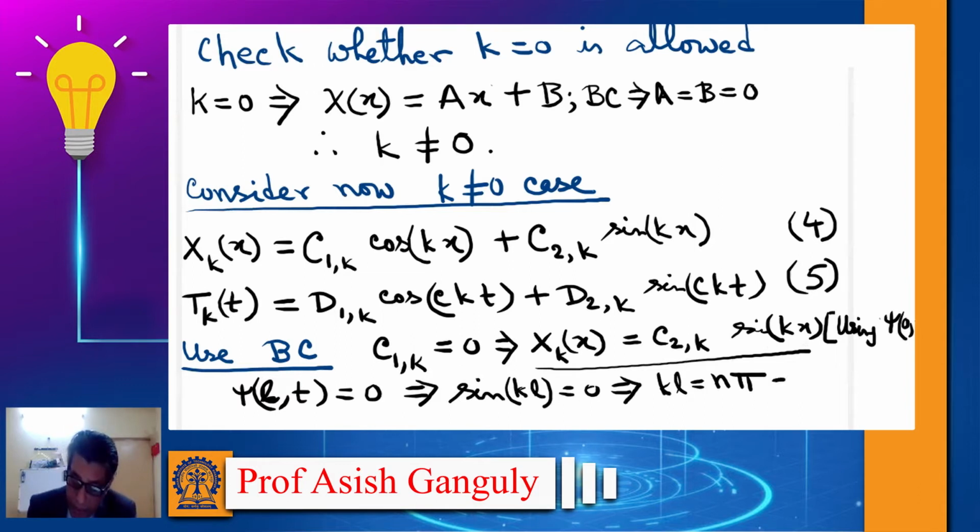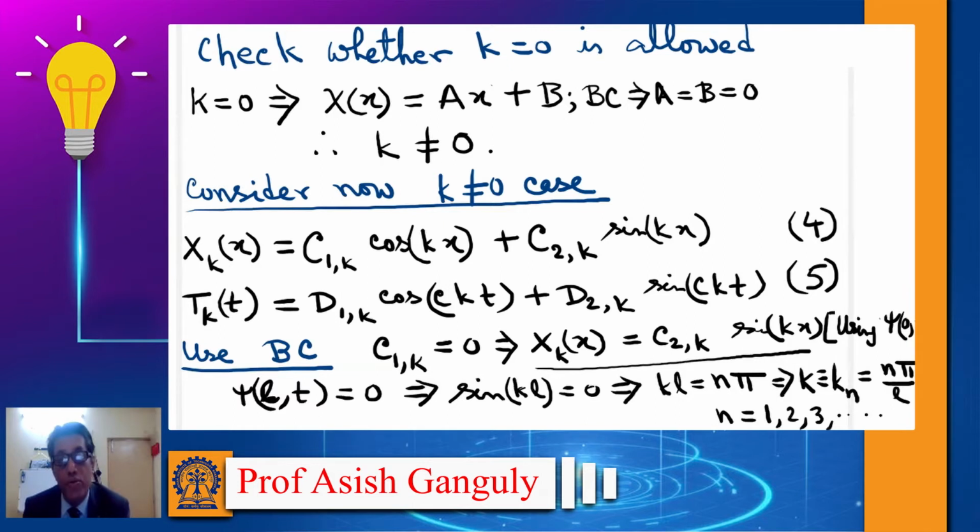And that means your eigenvalue you can label as kn, which is n pi by L, where n cannot be 0, so it should be 1, 2, 3, and so on. So equation 6 gives you all sets of eigenvalues.